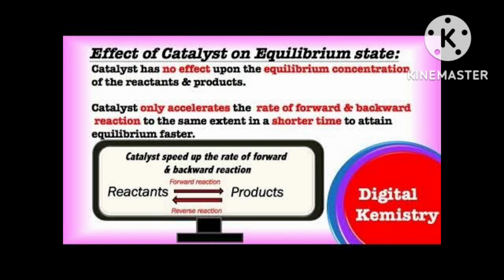Now a little more about ammonia. Here, the formation of ammonia from nitrogen and hydrogen is a highly exothermic reaction and proceeds with a decrease in the total number of moles formed as compared to the reactants. The equilibrium constant decreases with increase in temperature.